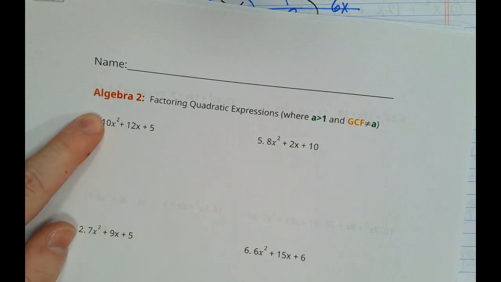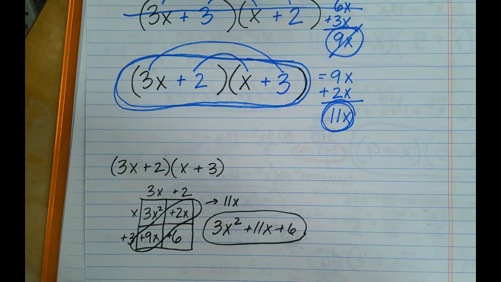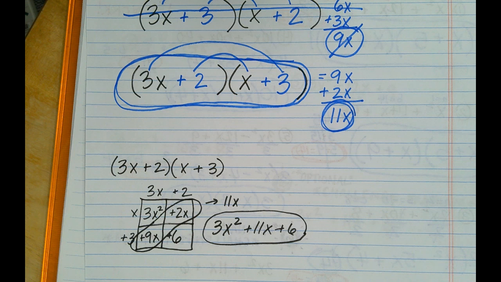We're going to have a number for A, and we're going to have to put it in our answer and do trial and error. Okay? So I'm going to pause this and pass these out to you. And we're going to go through some of these together first before we have practice time.